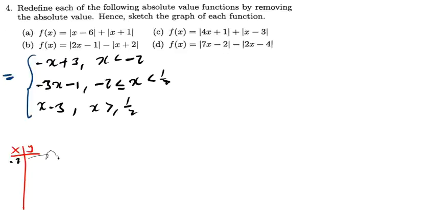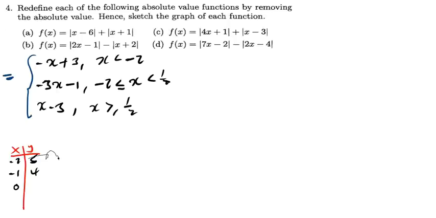If I put negative 2 here, it's going to be positive 2. Positive 2 plus 3 is 5. If I put negative 1, negative 1 times this one is going to be positive 1, so it's going to give me 4.